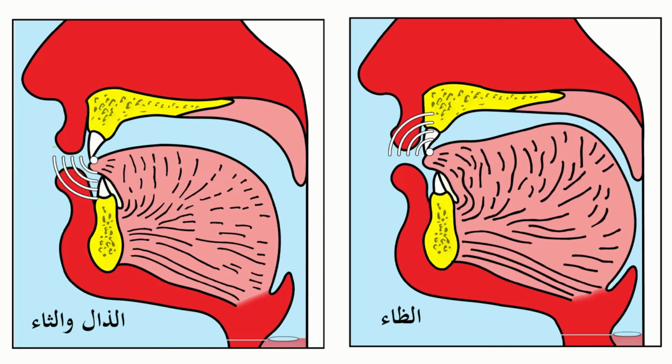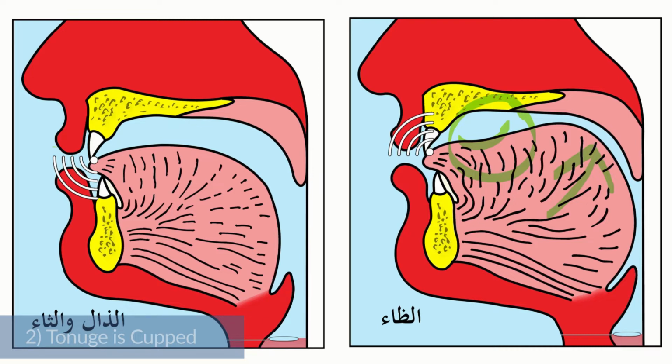However, what's different between the dha, which is the picture on the right, versus the dhal and the tha on the left, is you can see the tongue there. With the dha, the back of the tongue goes up, and the middle of the tongue is concave, or you can see the cupping of the middle of the tongue.